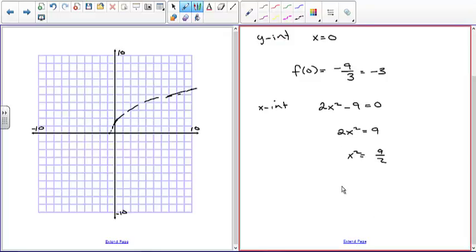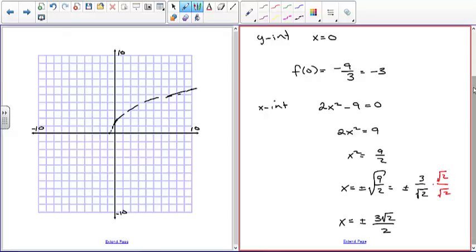Take the square root, you get x equals plus or minus the square root of 9/2, which is plus or minus 3 divided by the square root of 2, and then multiply by the square root of 2 over the square root of 2. And so we get x equals plus or minus 3 square root of 2 over 2, since square root of 2 times square root of 2 is 2. Okay, so those are the x-intercepts.